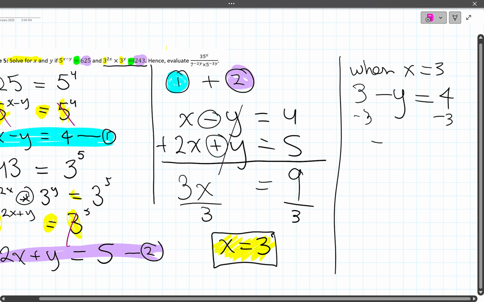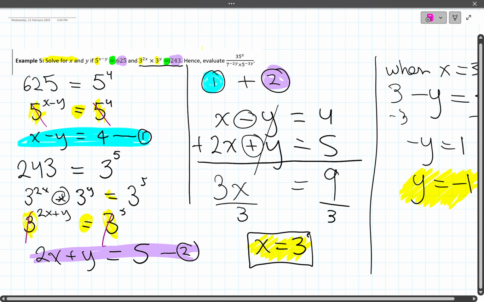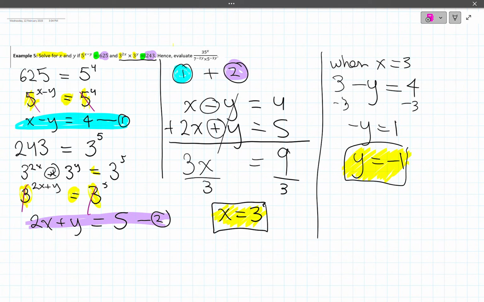So let's minus 3 on both sides. Negative y equals 1, y equals negative 1. So there's my value of y. So at this stage, you probably would think, oh, I've finished this. It's a lot of work already. I've done really well to get to that stage. However, let's see, we solved for x and y.